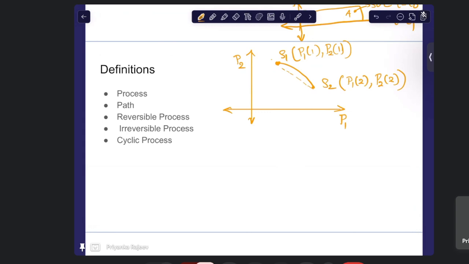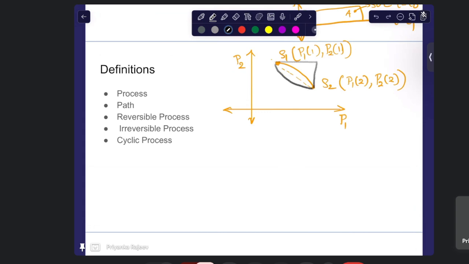Now path is what I'm saying. It can go from state 1 to state 2 in many ways, right? For example, this is one way, this is another way, this is another way.